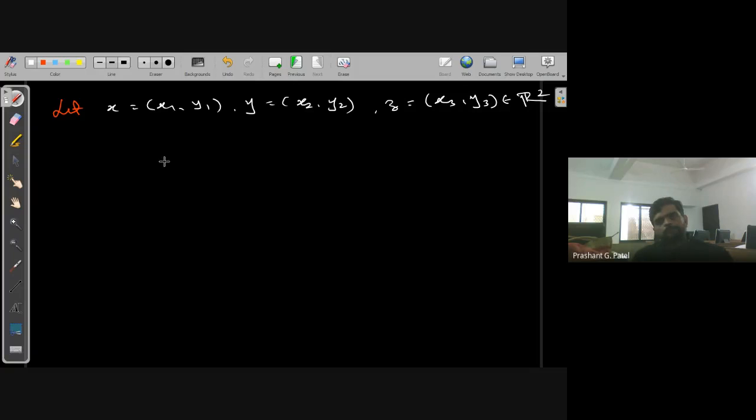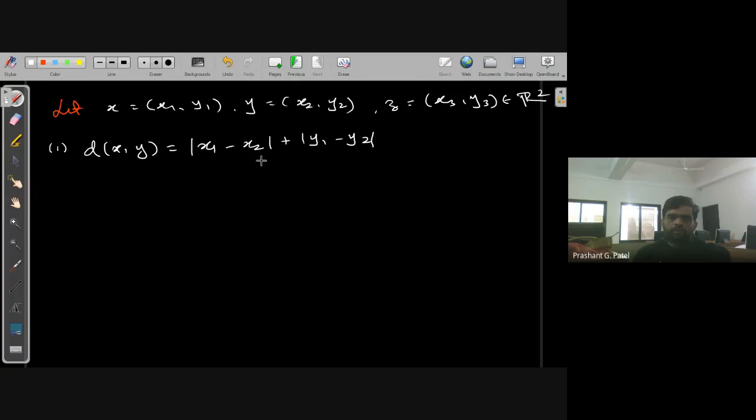Now, the first thing you need to prove is the non-negativity condition, that is d of xy. As per the definition, it is mod of x1 minus x2 plus mod of y1 minus y2.